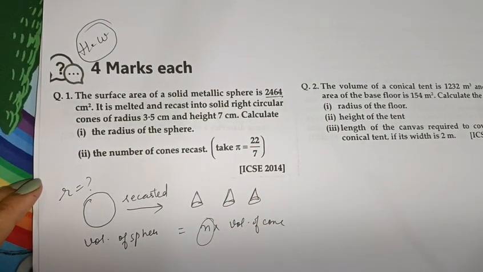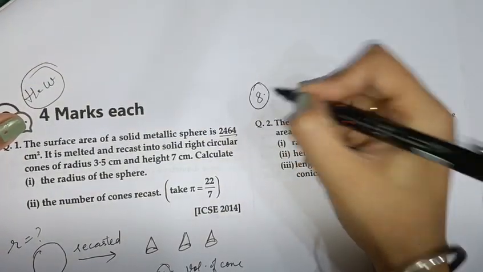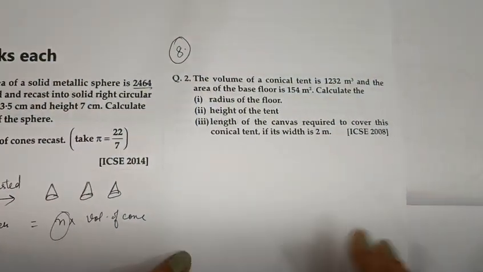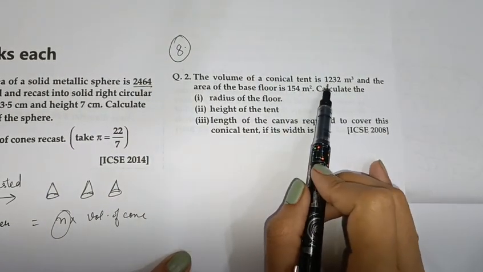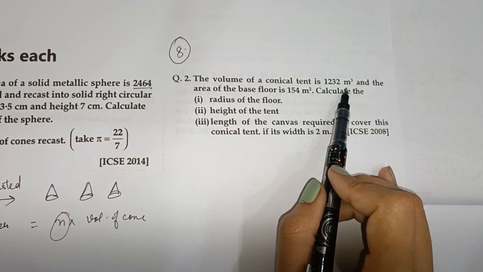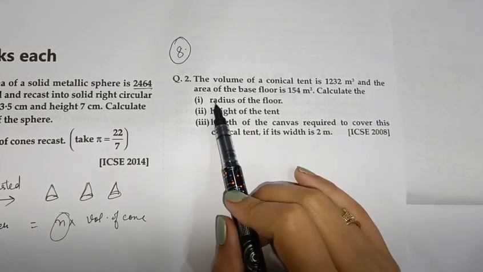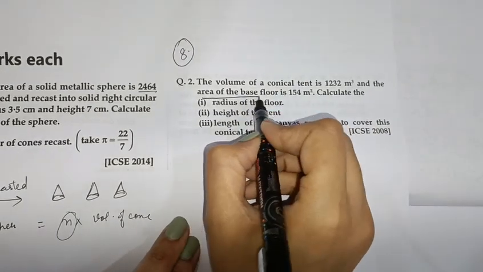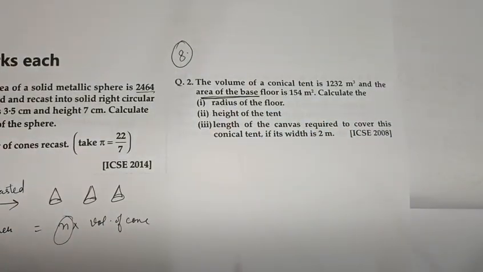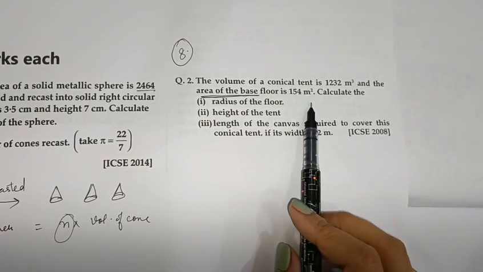Now let's do the next question. This will be my question number 8. The volume of a conical tent is 1232 meter cube, and the area of the base floor... With words you have to be very careful about what is given to us.